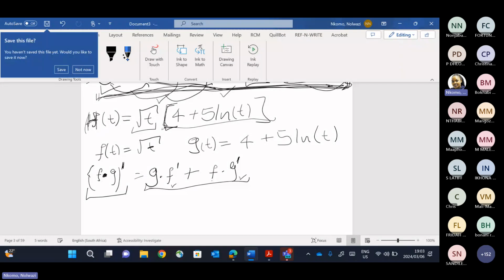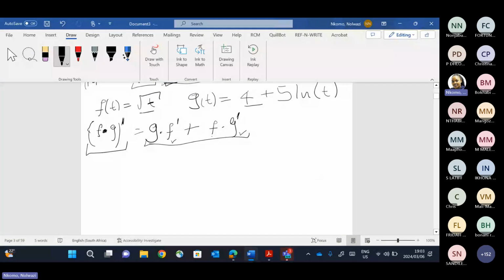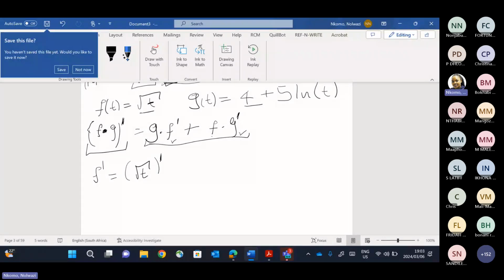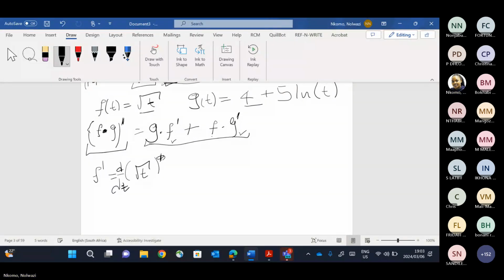We can find those from this function. We'll find f prime by differentiating the square root of t. Let me just put d/dt.